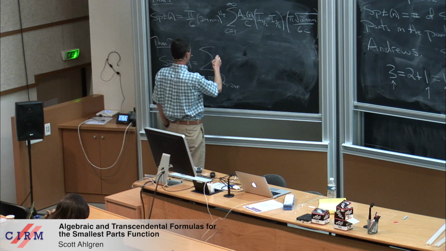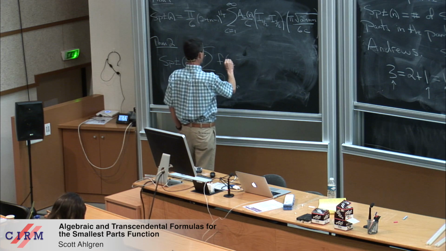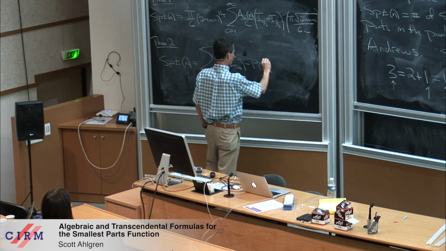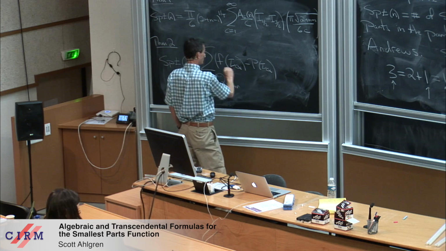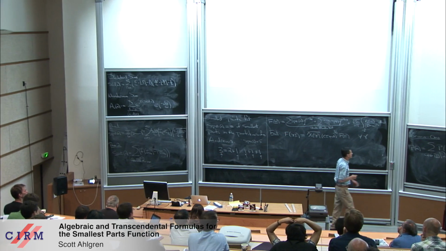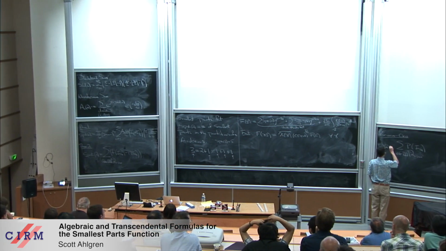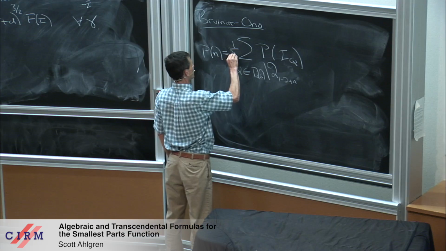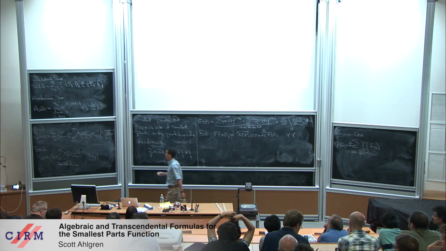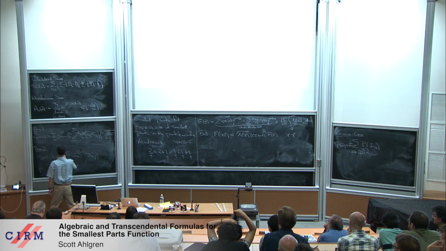And now there's a difference of two functions: f of tau_Q minus p of tau_Q. And I just remembered that I forgot some normalizing factor in both places. So let me fix this one first. This should be 1 over (24n minus 1). And then this one, I think, should be a 12th.